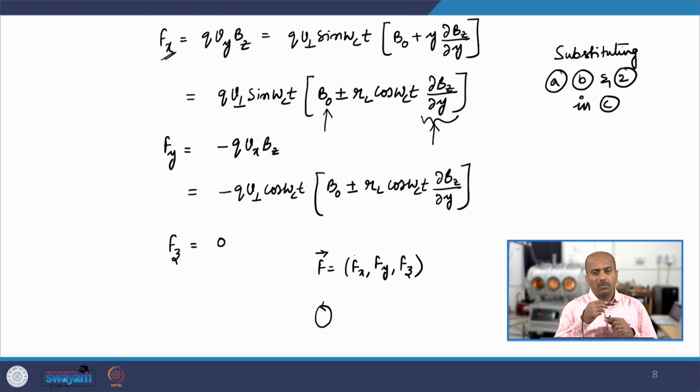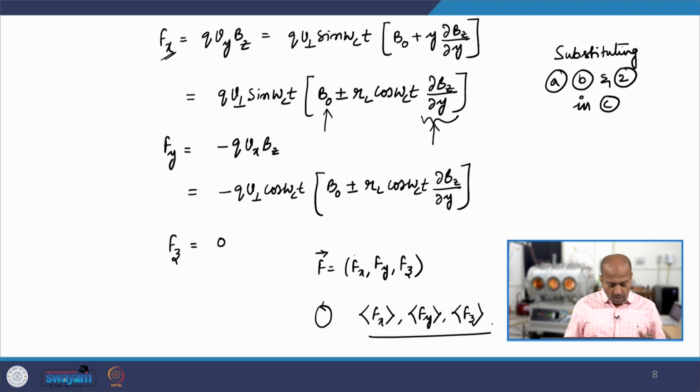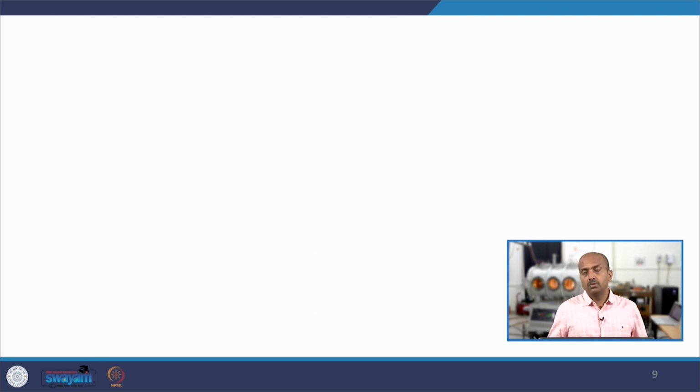The moment it completes one gyro orbit, what is the average amount of force? Okay. So, we have to evaluate what is the average force Fx, what is the average force Fy, and what is the average force Fz. Right. How do we characterize one gyro orbit in terms of distance or frequency, anything like that?